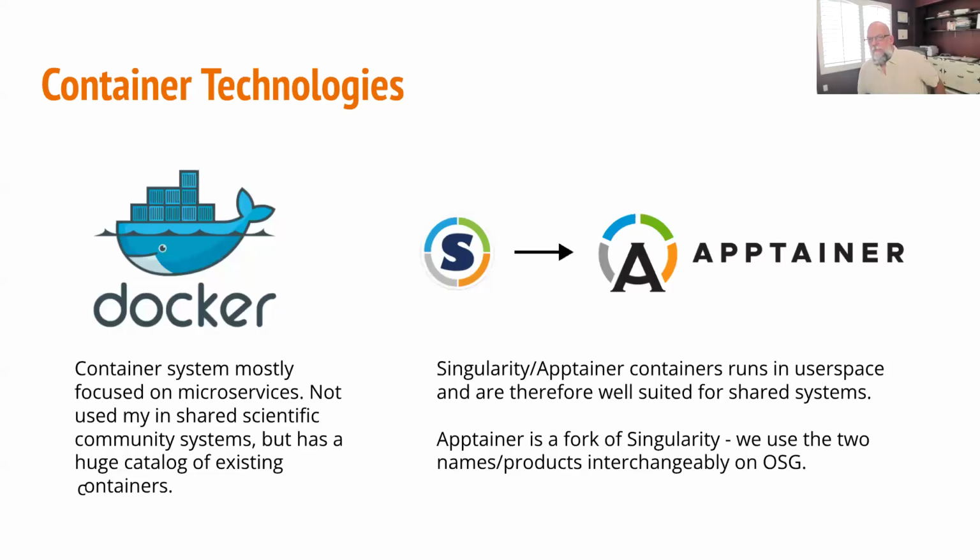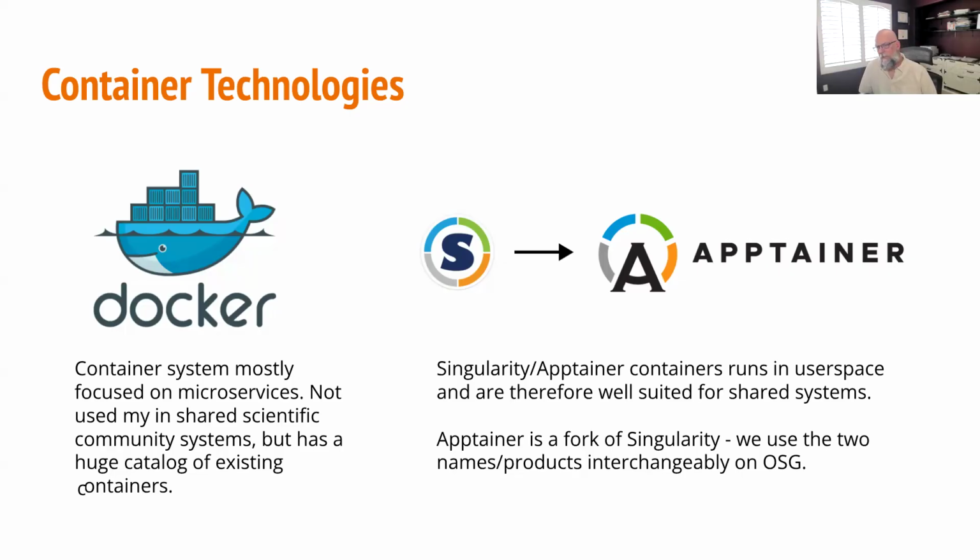As for container technologies, there are actually many, but there are a few that are kind of dominating the scene. Docker is the one that most people have heard about. It's been driving a lot of the containerization of the world, and it's still used a lot in places like microservices.